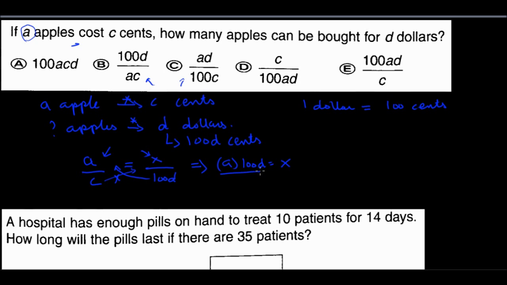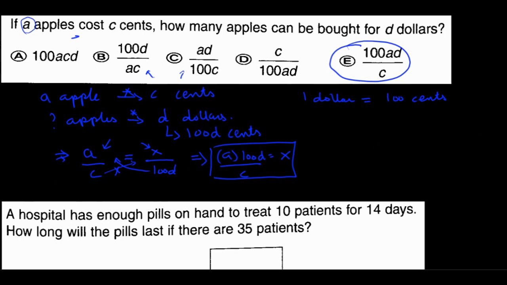So I'll have A times 100D over C, and basically this is the number of apples that I can buy. So that's 100AD over C. There you go. Once you get good at these, they can be done in seconds. The main thing is to set up your ratio proportion and solve for the unknown quantity.